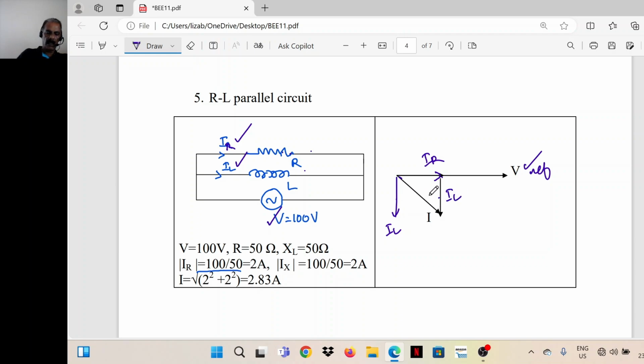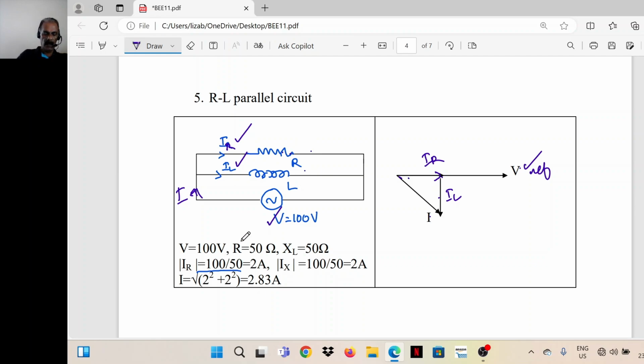So the total current is I. So this is the total current. This is the applied voltage. So this is total current I. I is lagging behind the voltage by a certain angle. That depends on the magnitude of R and L.